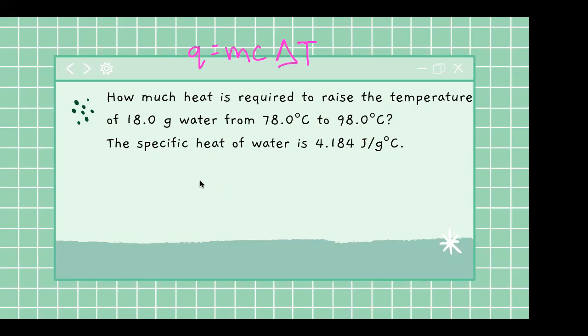Okay, so what's our mass here? 18, yeah, so we can put that in, 18.0 grams. So this is our M, right? Okay, and again, it's asking how much heat, so we know we're solving for Q. So that can narrow our options down.